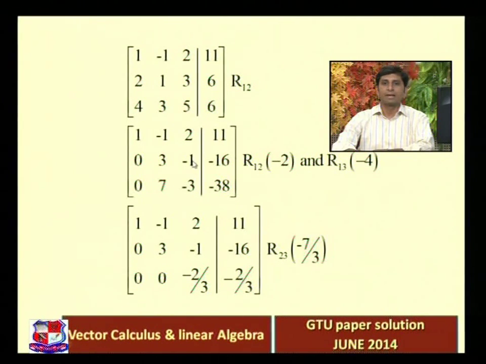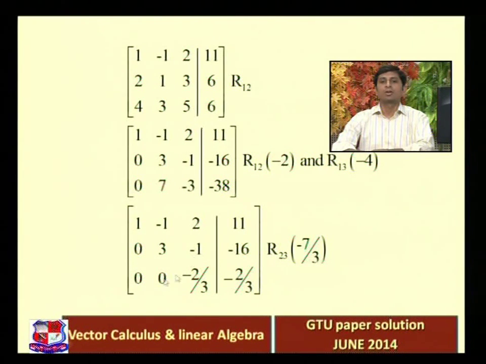Then -1 into -7/3 is 7/3, and -3 plus 7/3 is (-9+7)/3, which is -2/3. Then -16 into -7/3 is 16 into 7/3, and with -38, when you solve it you will get -2/3.